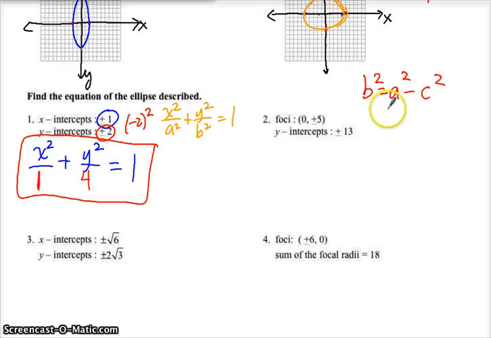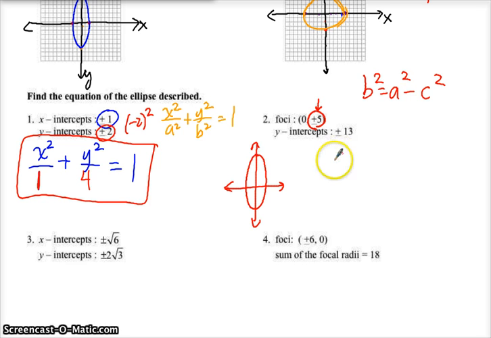Well, a is my major axis, c is the distance from the center to the foci, and b is my minor axis from the center to the edge of the minor axis. Well, my foci are in the y position. It's plus and minus c. That means that it's 0, comma, plus or minus c, which means my ellipse is going to be more tall than it is wide. So it's going to be tall and skinny.